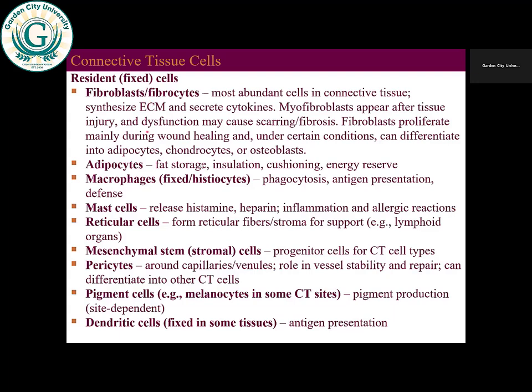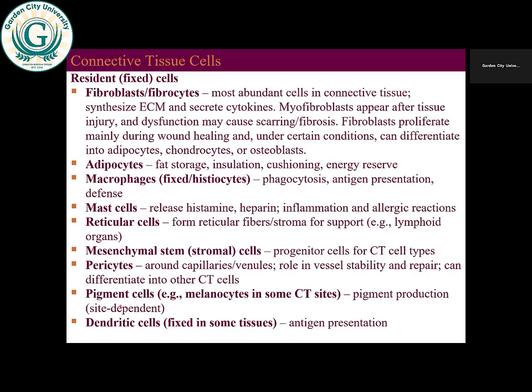We have adipocytes, that's fat storage. We have macrophages involved in phagocytosis. We have mast cells, as I explained, producing histamine and heparin. We have reticular cells. We have the mesenchymal stem cell. We have pericytes. When we were looking at smooth muscle, I mentioned pericytes, that they are associated with capillaries and post-capillary venules.